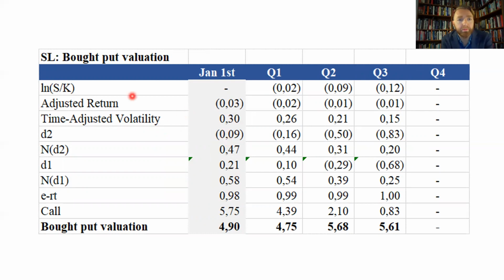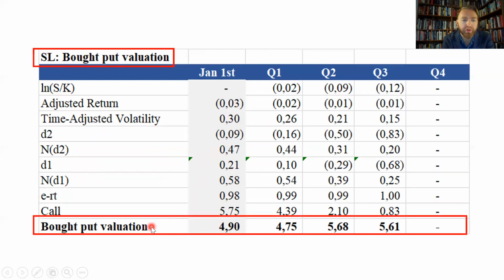So here's the bought put valuation. So we're just running these inputs that we just looked at through the Black-Scholes formula. That's done here. These are just steps that we execute as part of that, leading to a valuation of each put option contract that we bought as part of the collar.